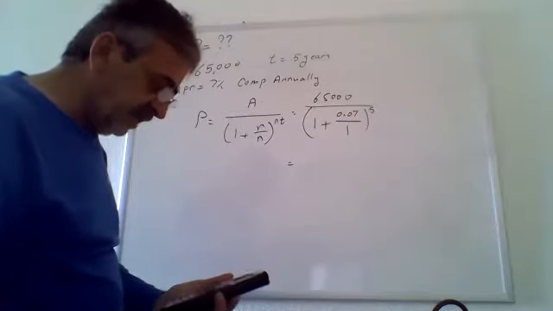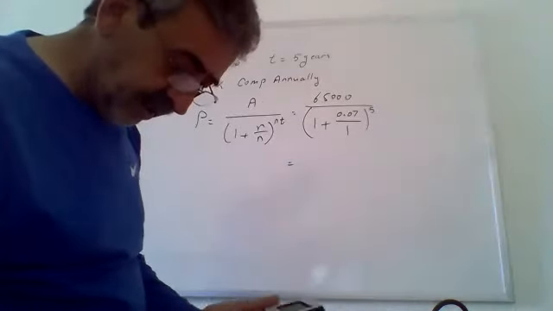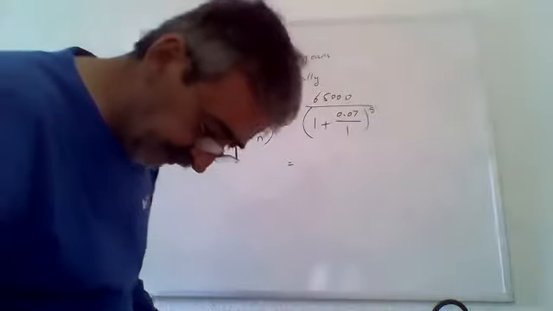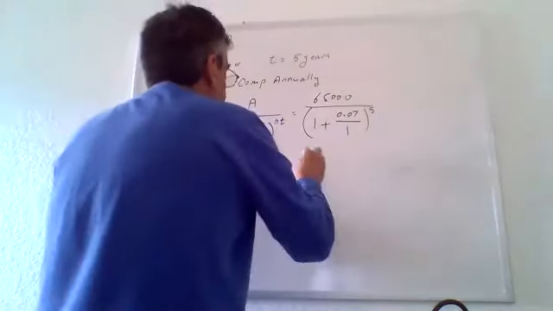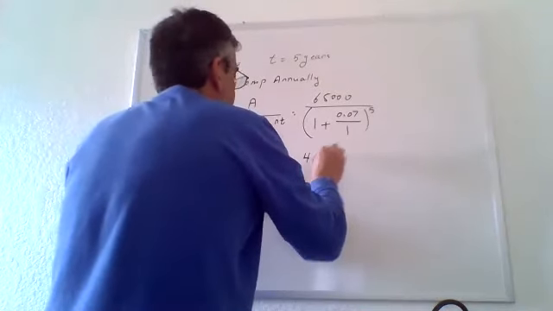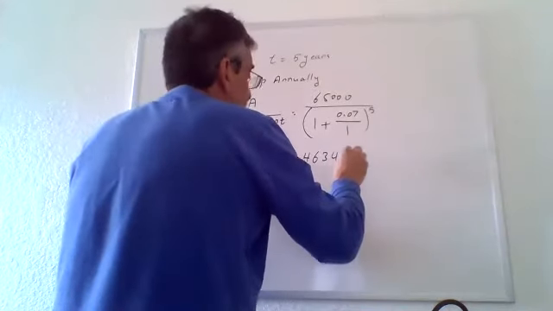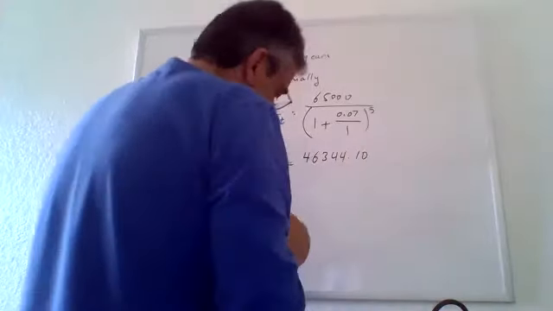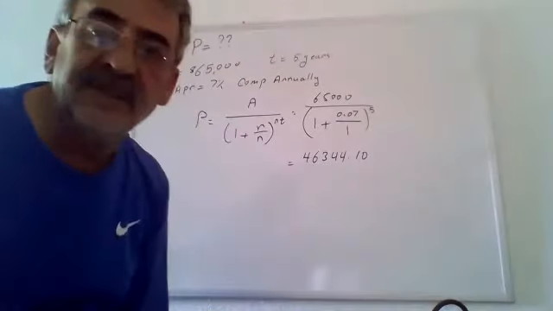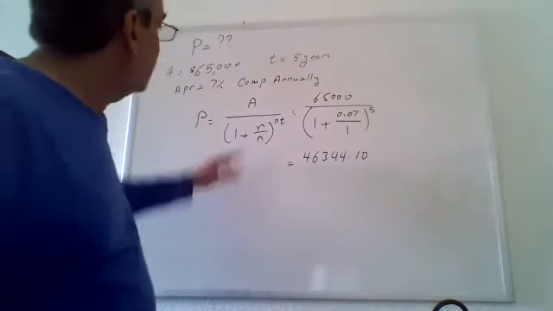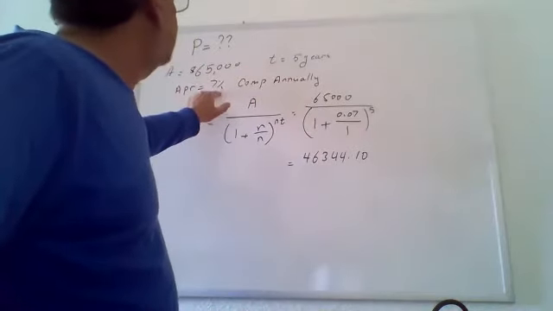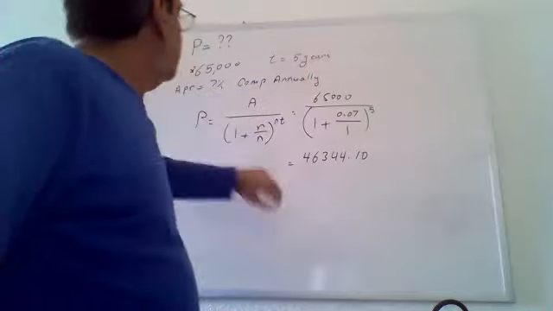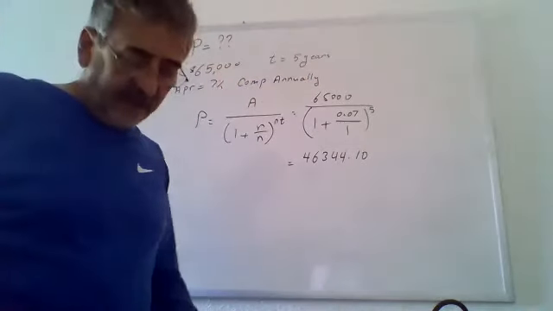That'll be $46,344 and 10 cents. So this is how much we need to deposit today at 7% interest, so 5 years later we will have $65,000.